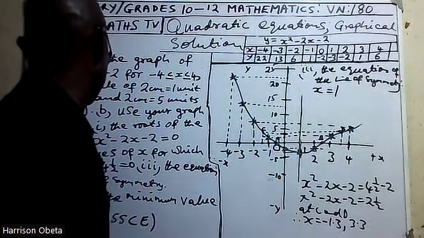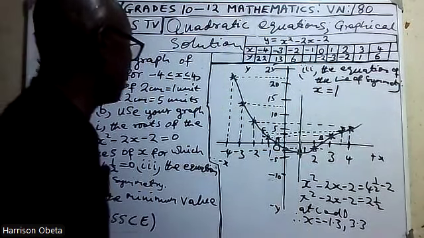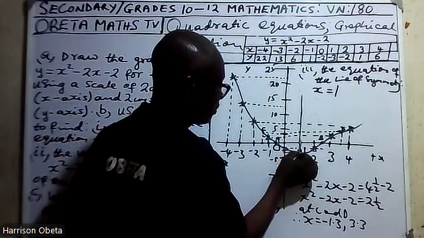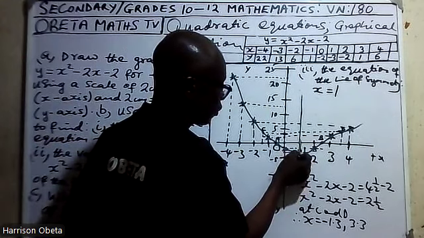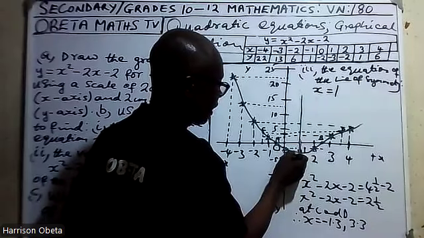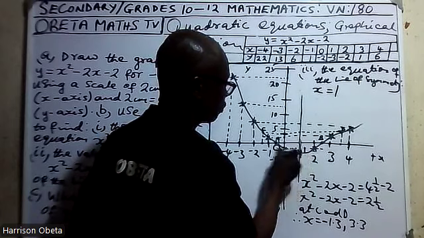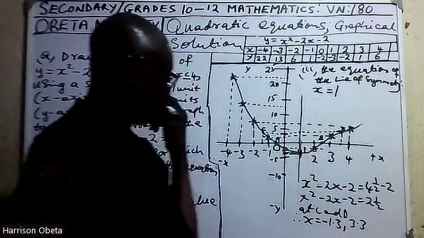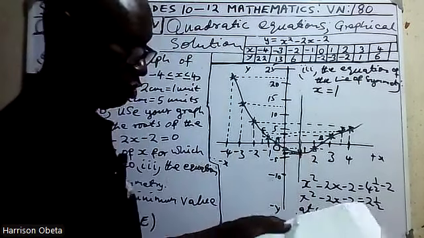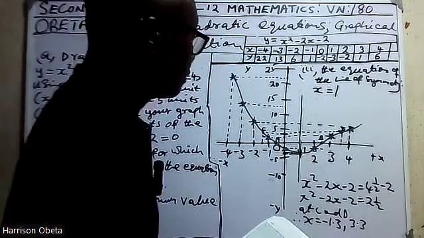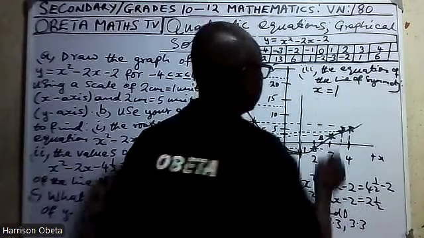Now, the next question said we should find the minimum value of y. To find the minimum value of y, you come to this tip, the last point of the curve, and trace it back to the y-axis to write out your answer. So according to what I have from my own graph, the minimum value of y is minus 3.